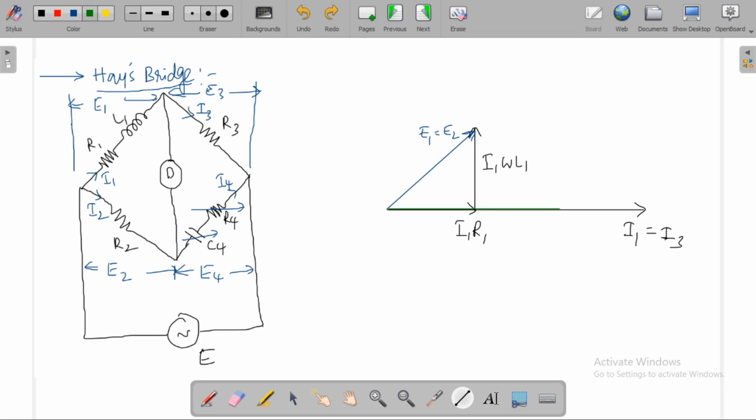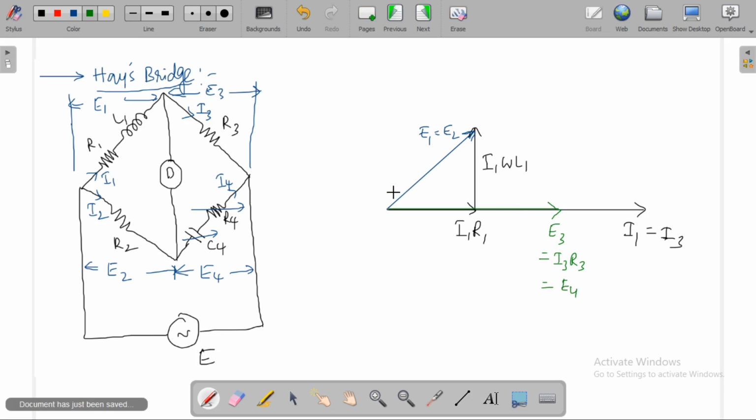E3 is equal to I3 R3, which is equal to E4.